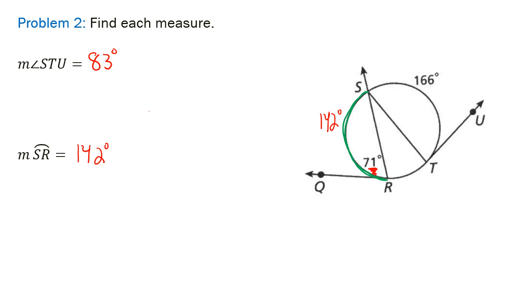So what these last two problems are doing is going over the same concept as the last video, but the difference is now they're providing you with a tangent line and a secant or chord to create the inscribed angle. That's the only difference. It's exactly what you were just doing in the previous video.